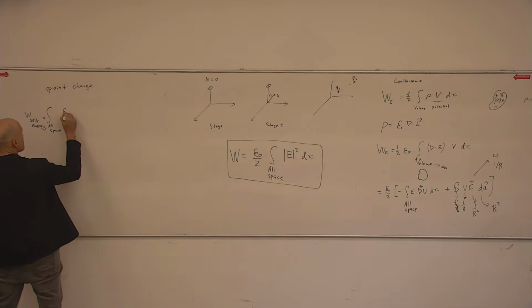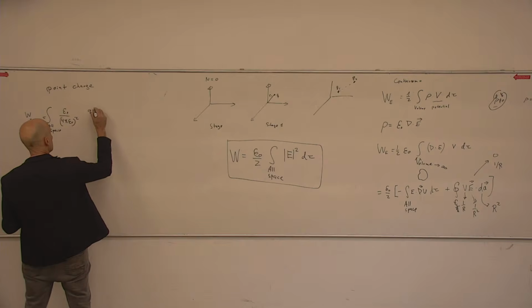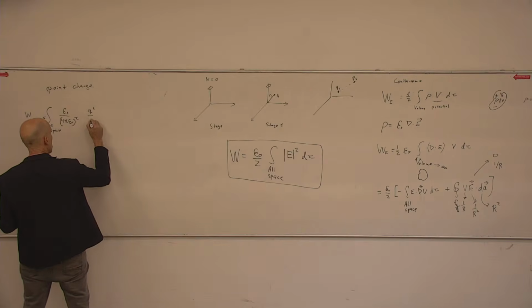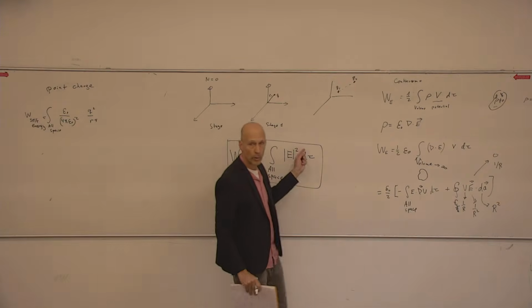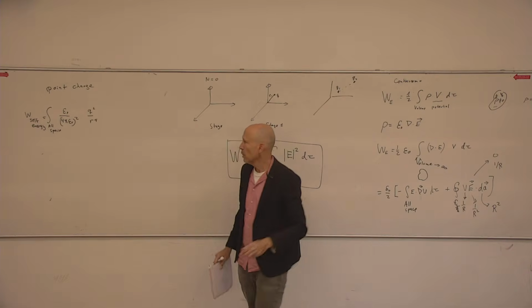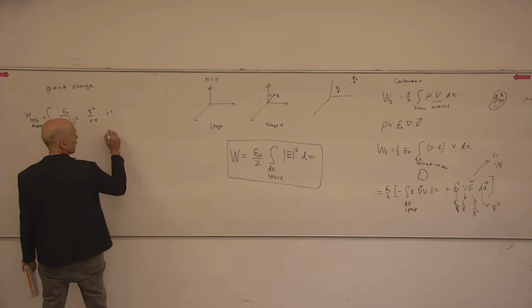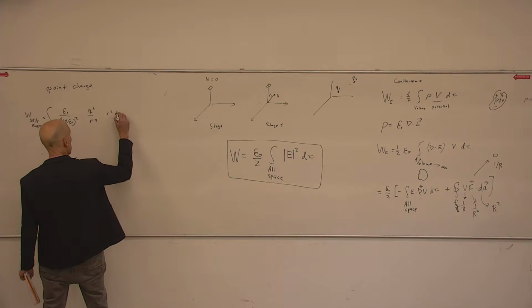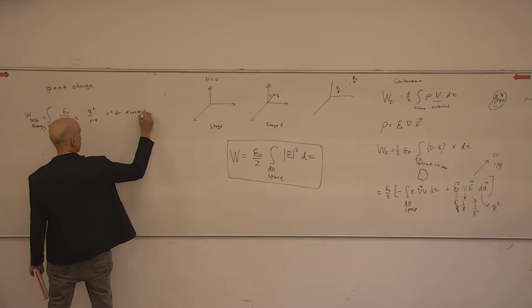You have here epsilon 0 over 2, then you have 4 pi epsilon 0 squared from the Coulomb law. And then you have here Q, the charge of the electron, over R to the power 4, right? Because I have E squared, 1 over R to the power 4. And then I'll have all this R squared dr d cosine theta d phi.